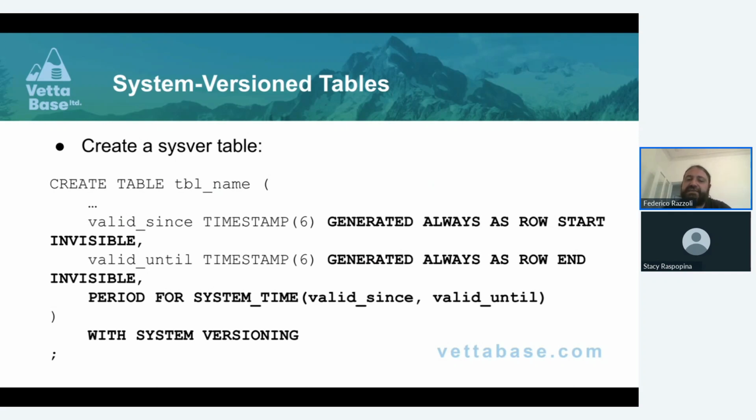If they exist but they are invisible, you can use them if you mention the columns explicitly in your queries. And when you're going to read historical data, it will be very convenient, because it means you can do it without using any special non-standard or non-ORM friendly SQL syntax.